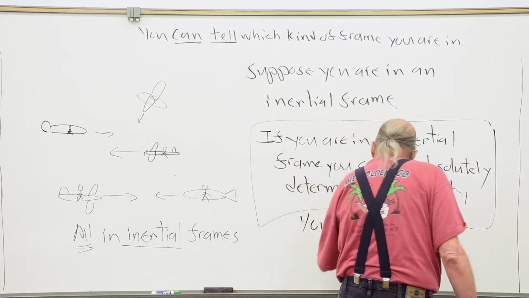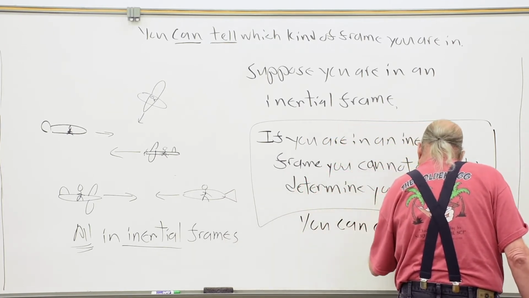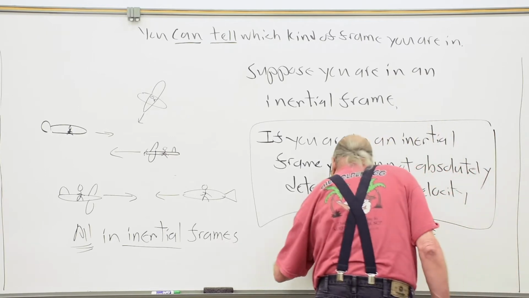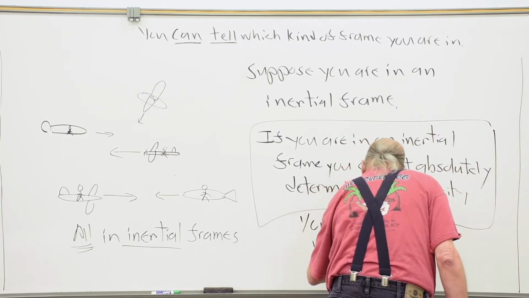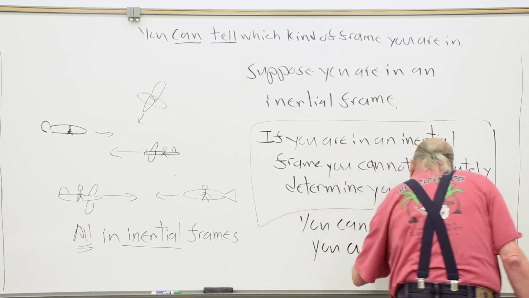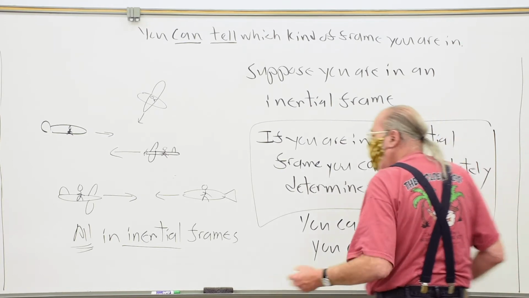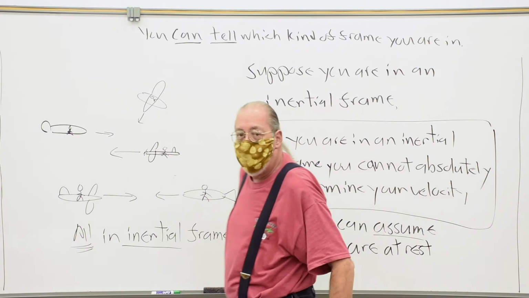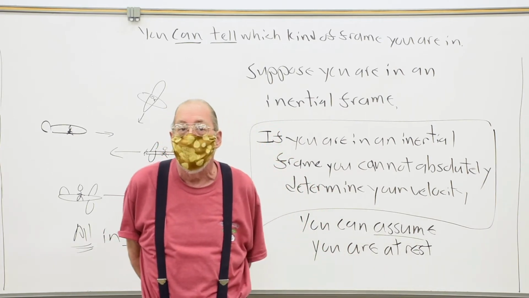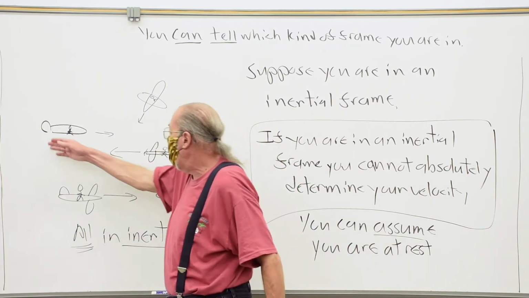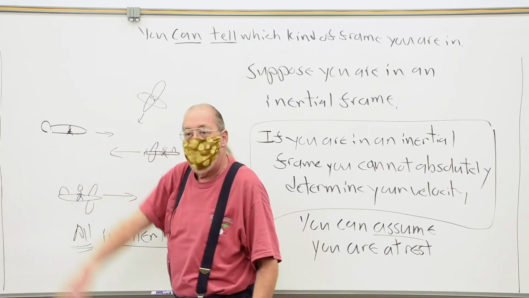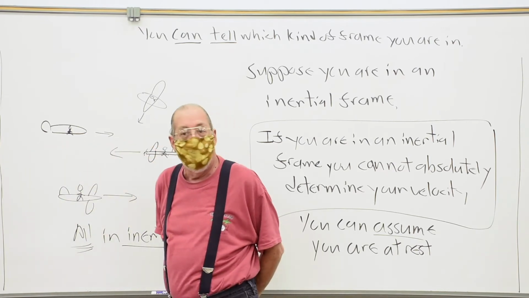You can assume you are at rest. And nobody can prove whether you are right or whether you are wrong. This person can say, I am not moving, you two are.